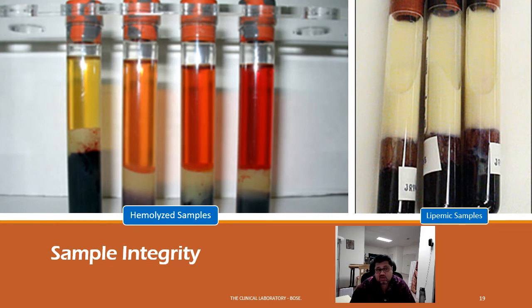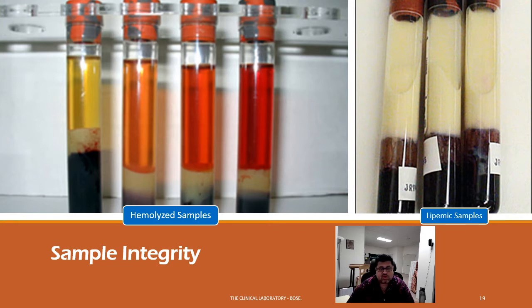This is by far the most frequent reason for specimen to be tainted and rejected. According to the American College of Pathology, it occurs more frequently than insufficient specimens. So insufficient specimen is where not enough blood has been drawn.